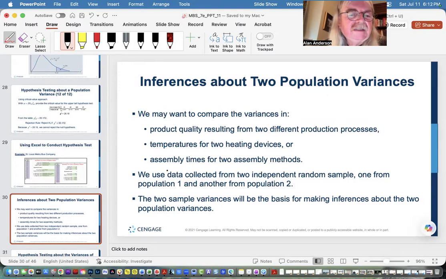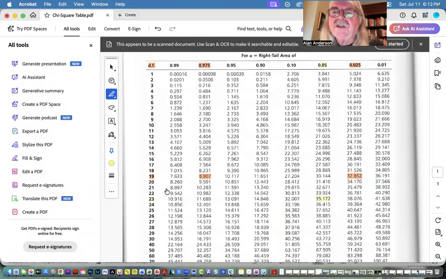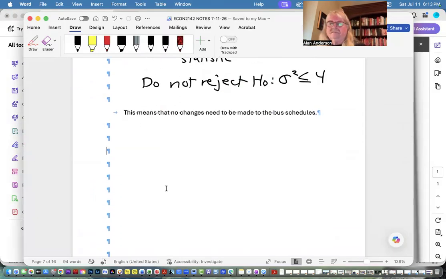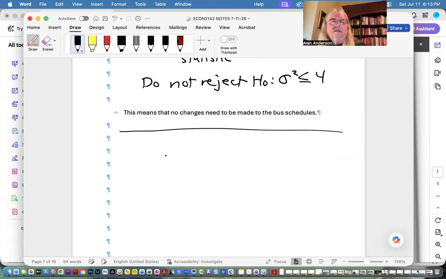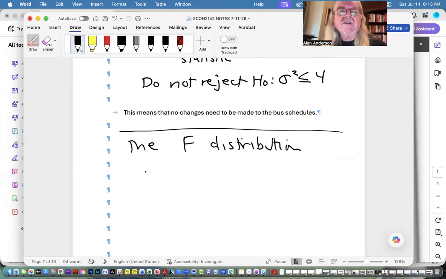It's called the F distribution. That sounds like a strange name, but it's named after the inventor, which is Ronald Fisher.